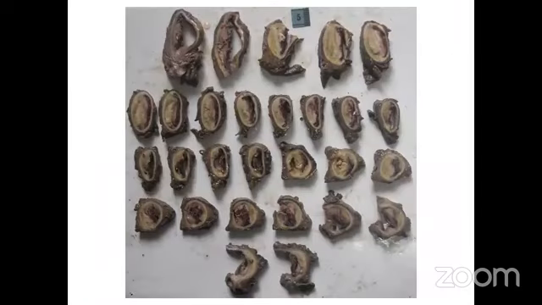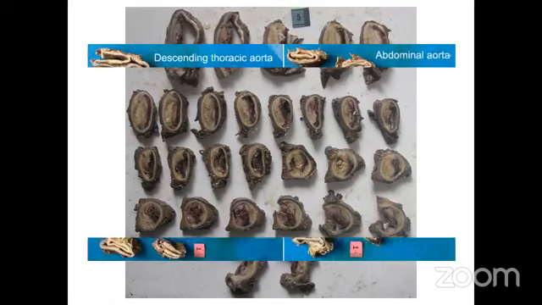Sometimes we may take serial cross sections of the entire aorta. This was done in a case of extensive atherosclerosis in a patient who had peripheral vascular disease, and the entire aorta is occluded by the presence of fresh fibrin thrombus.